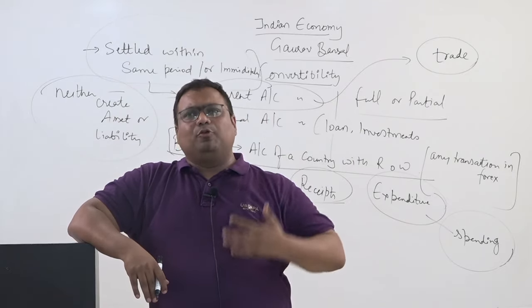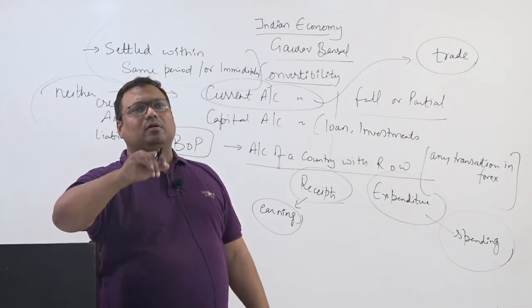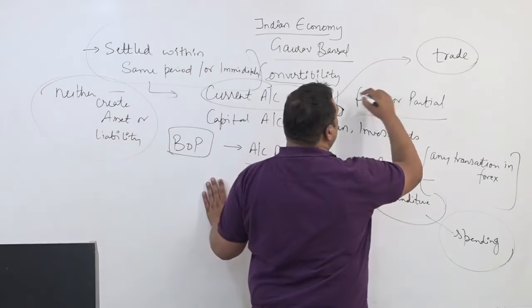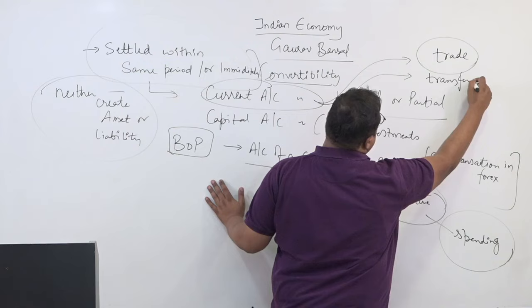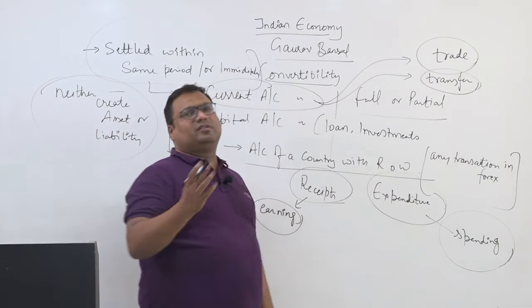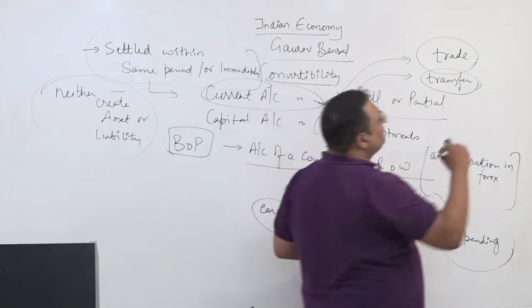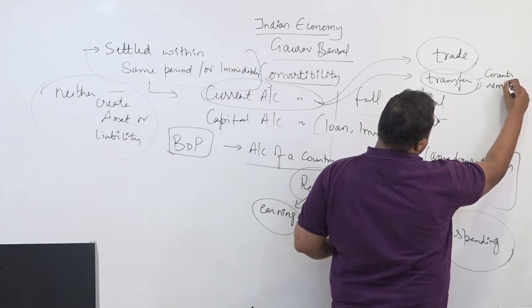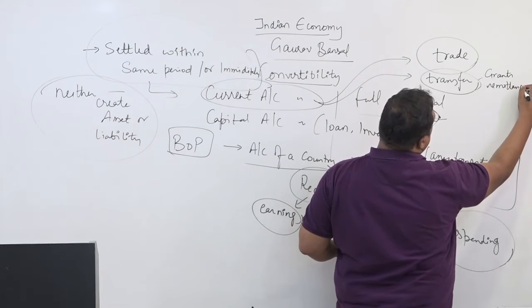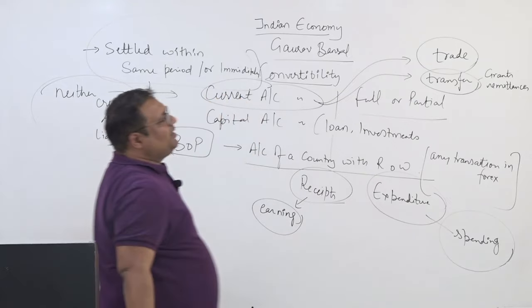When you import something, you make payment, the transaction is settled. So your trade comes here. Then transfers. So foreign grants or remittances, grants, remittances, they come in the transfer category.